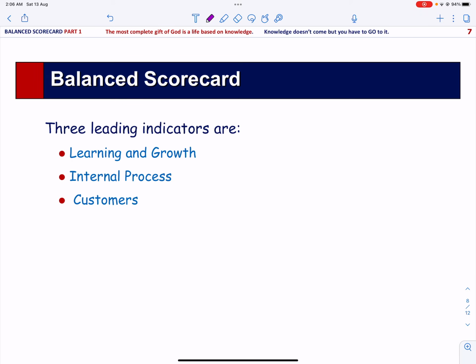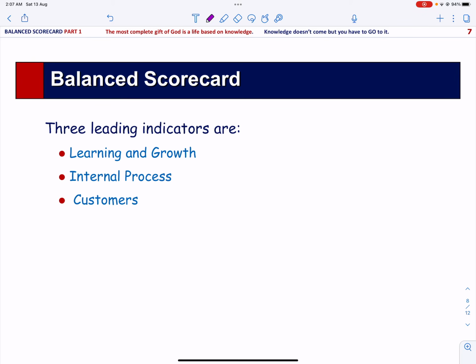They can do the job better, they can produce a better product, they can serve customers better, and customers will feel more satisfied. As a result of which, the company will get good lag indicators.